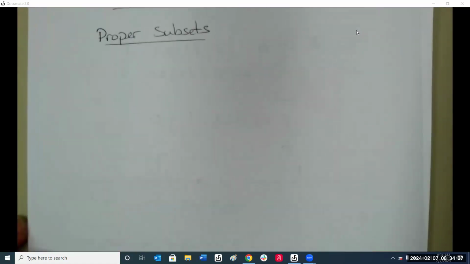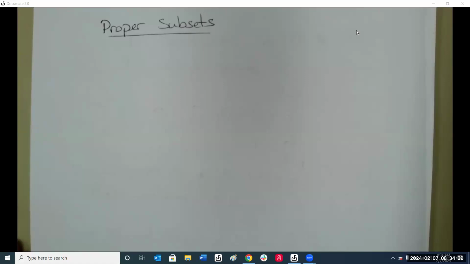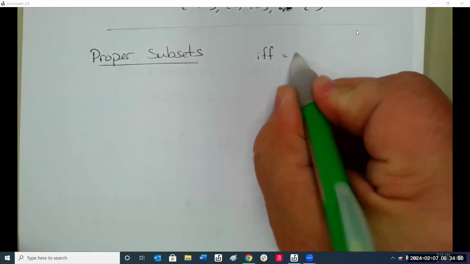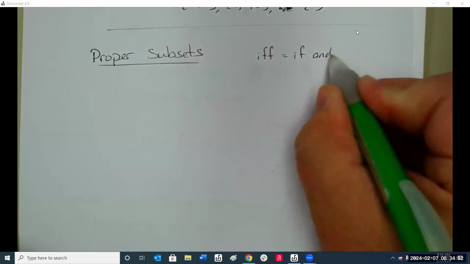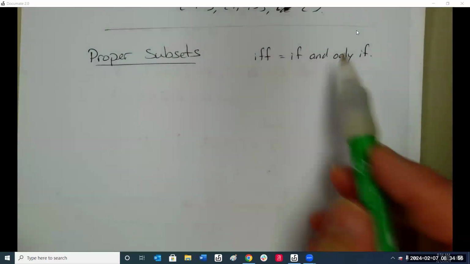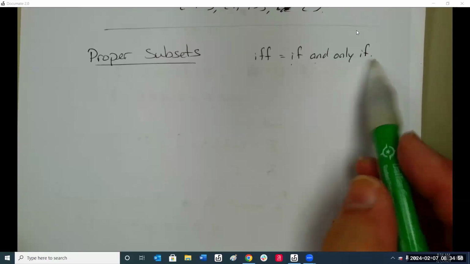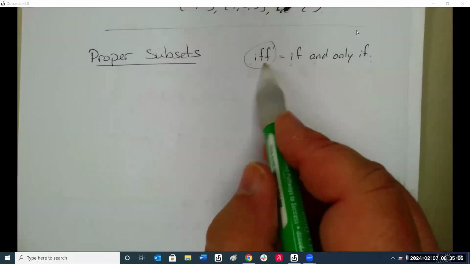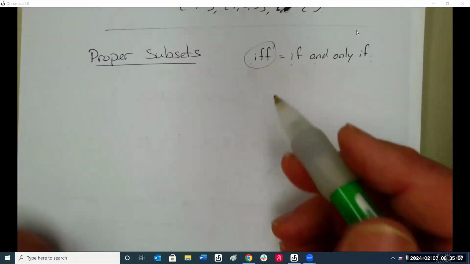Now we have another type of a subset we look at called proper subsets. In mathematics, whenever we have the words if and only if, we write IFF. Whenever you see IFF, it means if and only if.